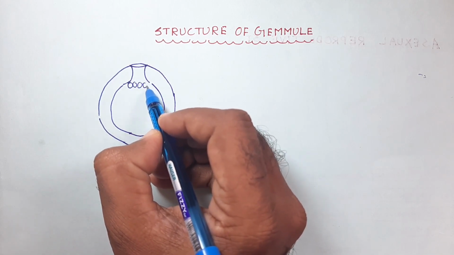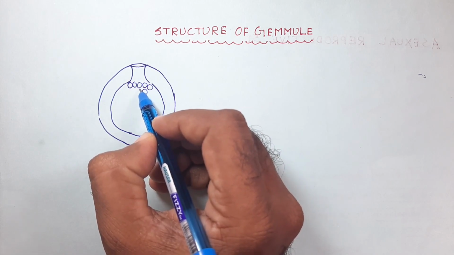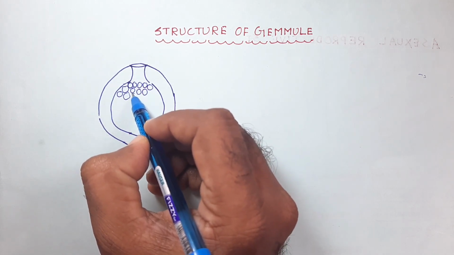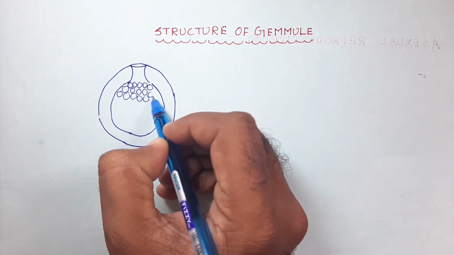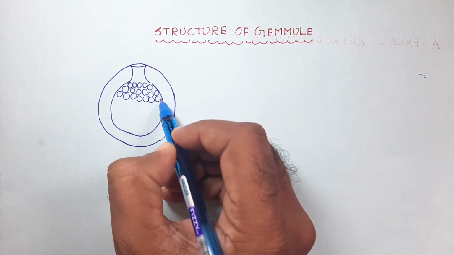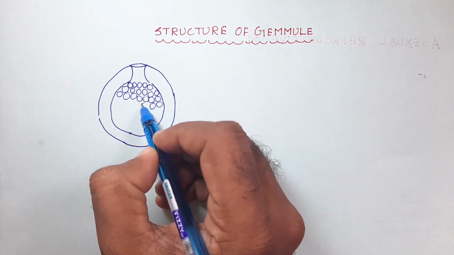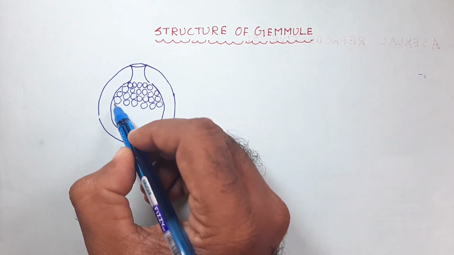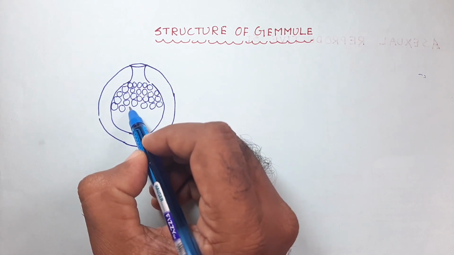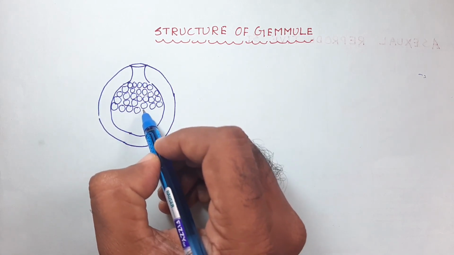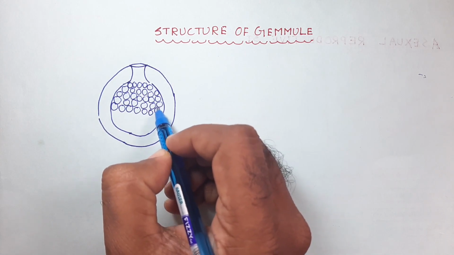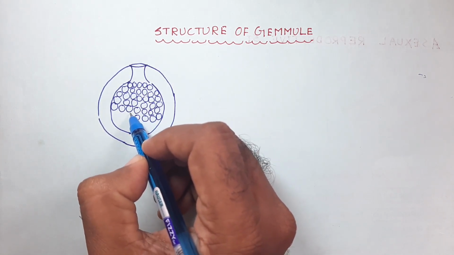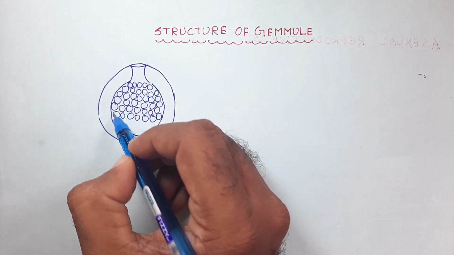The gemmule has specialized cells known as archaeocytes. These cells are known as totipotent cells, in the sense that they have the ability to germinate into a new adult sponge.